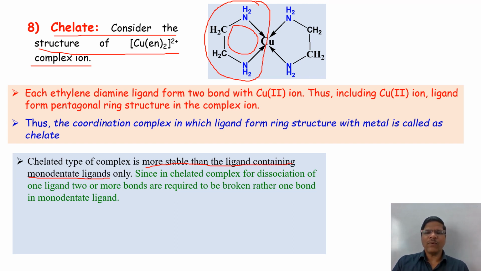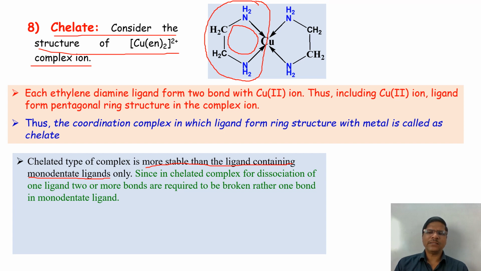We have one complex consisting of only monodentate ligands, such as Cu(NH3)4, and another complex consisting of chelating ligands such as ethylene diamine, oxalate, or any polydentate ligand, so we have Cu(en)2. Comparing Cu(en)2 and Cu(NH3)4, the Cu(en)2 is more stable since it is chelate type.